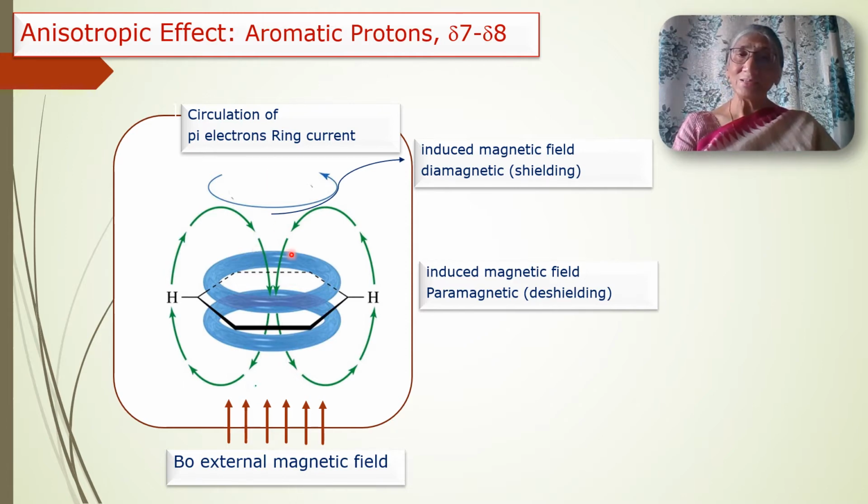And in the benzene ring, 6 protons are present at the periphery, that is, they are present in the paramagnetic area. Therefore, the 6 protons of benzene are highly de-shielded protons, and they show the signal between delta 7 to 8. So this is a very strong tool to decide whether the compound is aromatic or non-aromatic.